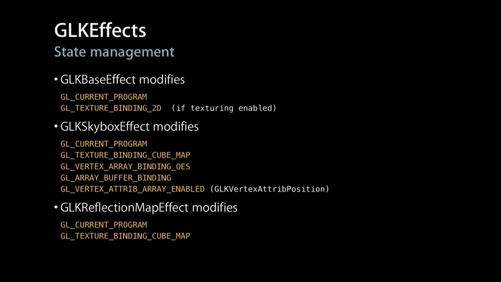So it modifies the current program, the currently bound cube map, then also the array binding, buffer binding, and the enable for the vertex attribute array for positions. And I didn't cover the reflection map, but it's very similar to the base effect. It's actually a subclass of base effect, and it also modifies the current program and the current cube map.